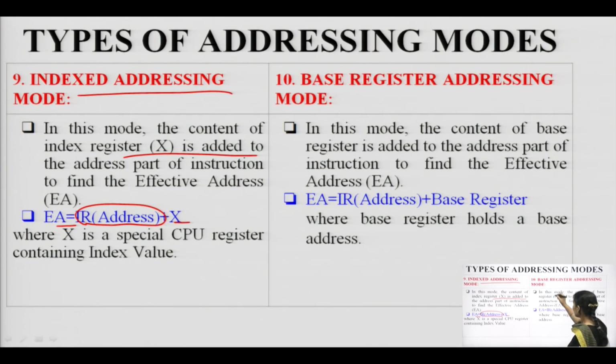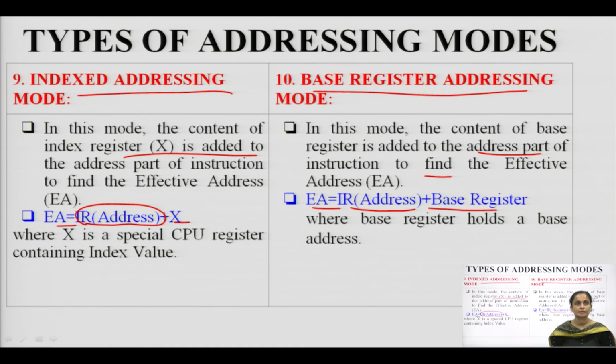Then the next mode is base register addressing mode. The content of the base register is added to the address part of the instruction to find out the value of the effective address. So the effective address is written as the address part of IR plus the base register value.